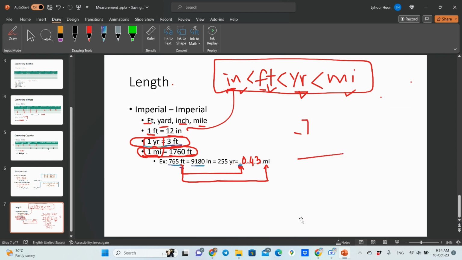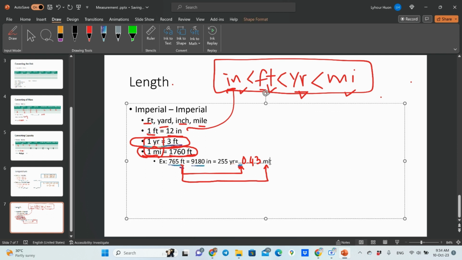And okay, I'll give you one example for you to do to make sure you can fully understand. Let's say 12 miles to yards, and 12 miles to feet, and 12 miles to inches.